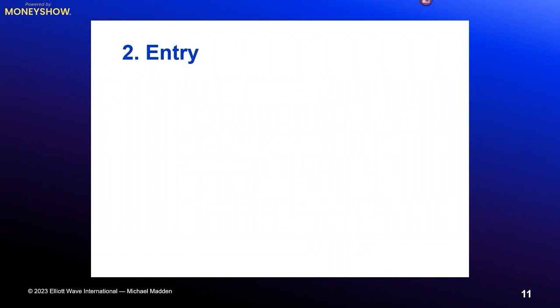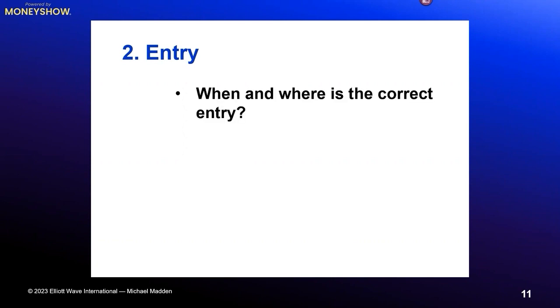Getting to our entry, there's going to be a number of entry points in any trade. Basically, we have to decide what suits us, and we can do that with experience. The whole idea of FOMO, or that fear of missing out, is something that we must understand, and we do not want to be initiating trades under that emotion.